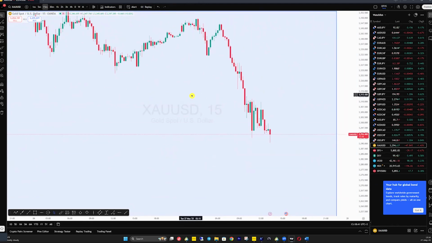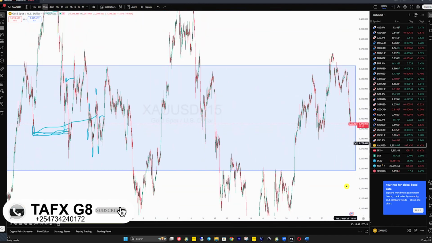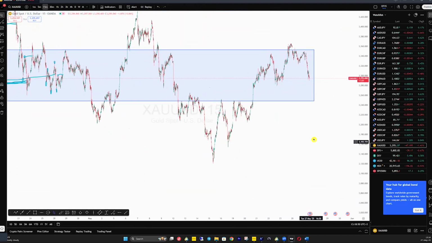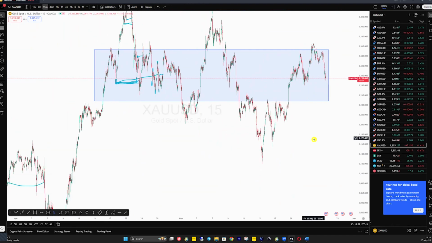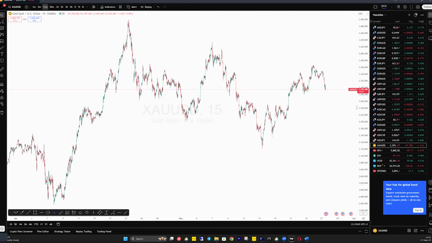There is a bullish, there is a bearish. So trying to analyze the market with what you are seeing with your naked eyes will make you fail again and again until you understand the strategy. That is the only time, guys, that you will make money.